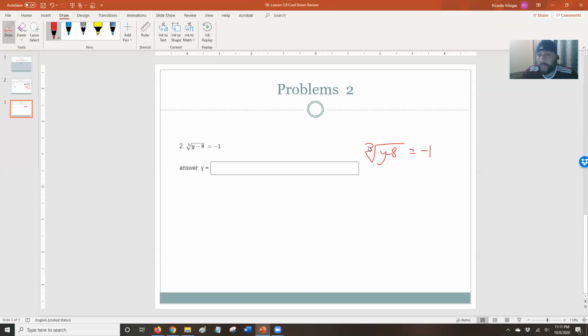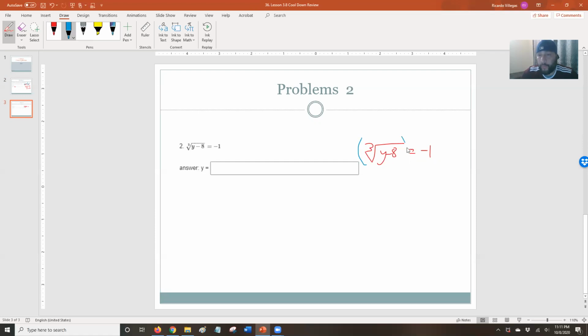Well, if this root was an even root, then that would be true because there are no two numbers that multiply each other that are exactly the same that will give you a negative answer. So, for example, negative 2 times negative 2 will equal positive 4. So if this root was an even number, then this would be automatically a no solution. But it's not an even root. It's actually an odd root.